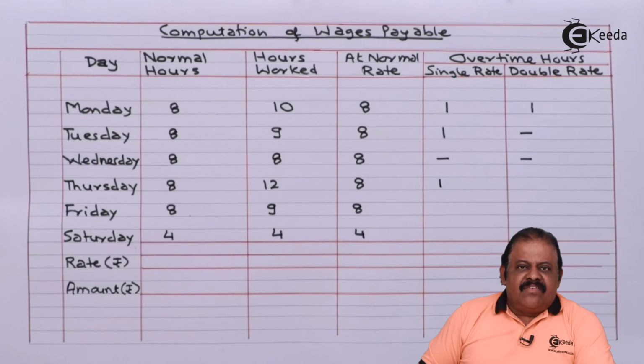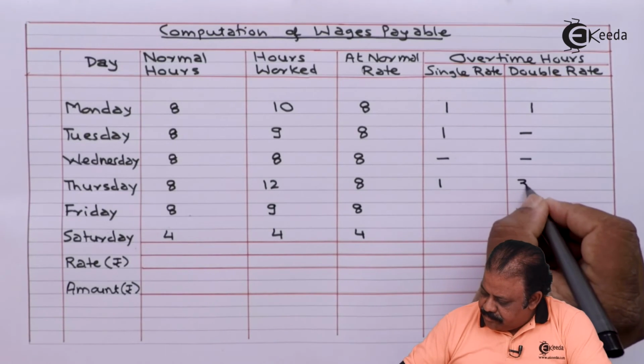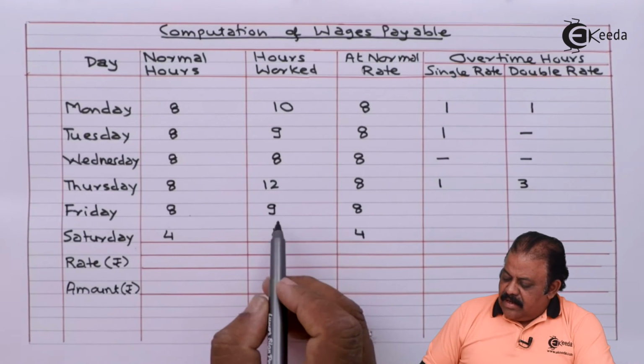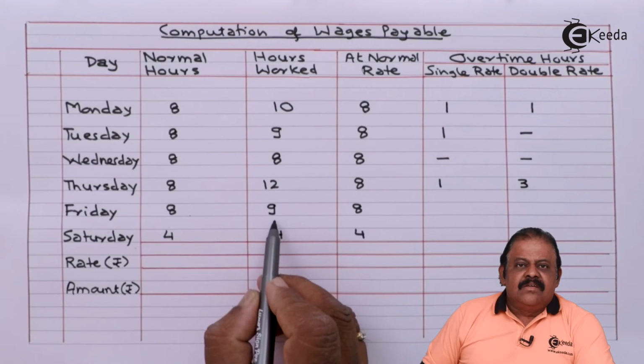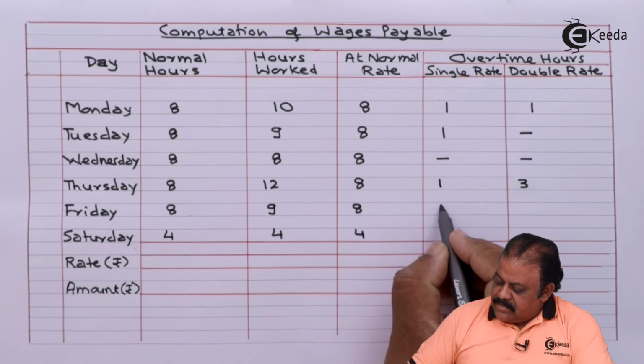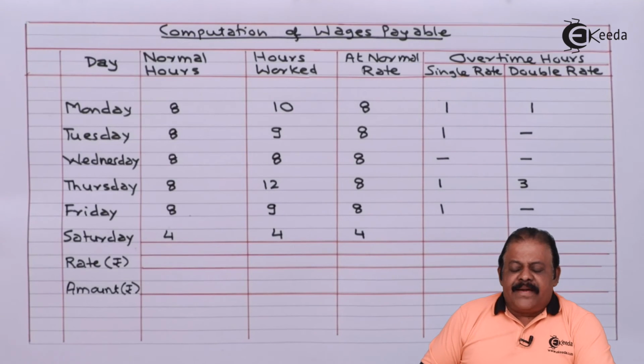Then 10th hour, 11th hour, 12th hour. That is additional 3 hours, which is beyond 9 hours. So double rate will be applicable. Friday, actual hours worked 9 hours, means 1 hour is overtime. It is up to 9 hours, single rate. Saturday, there is no overtime.